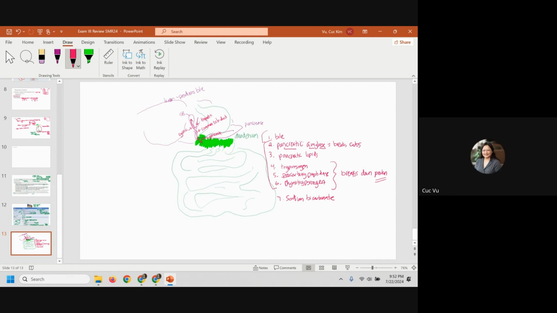So the stomach has a very particular lining that protects it from the acid, but only the stomach. If that acid makes its way to the duodenum without being neutralized, it's going to start breaking down the small intestine. So you have to have sodium bicarbonate to neutralize the hydrochloric acid of the stomach. Did you know that the hydrochloric acid in the stomach is strong enough to melt through metal?